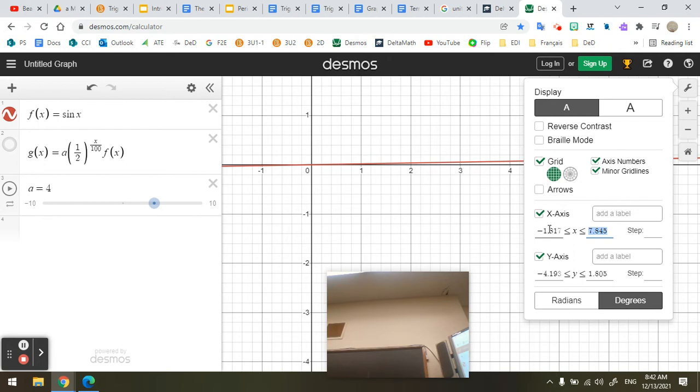Up to 1, down to 0, down to -1, up to 0. So what's the period of one cycle here? How many degrees? 360, yeah. So I'd need to see at least 360.